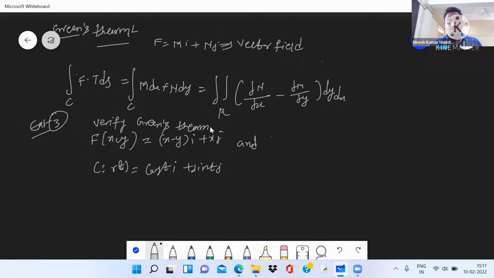For this, it is the vector field, and this is the curve they gave, and something else also they gave, that R is bounded by the unit circle.